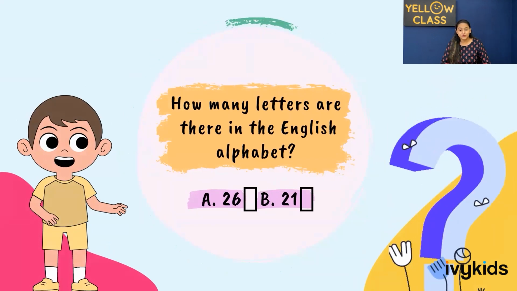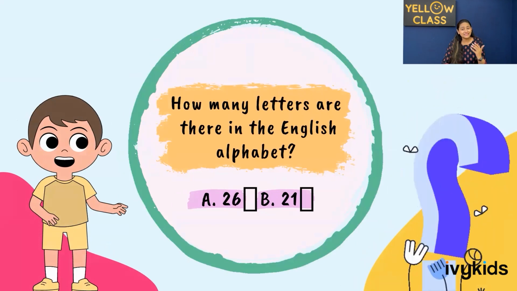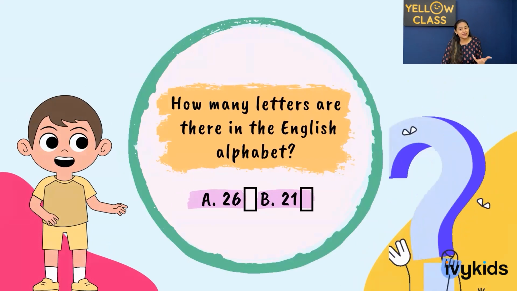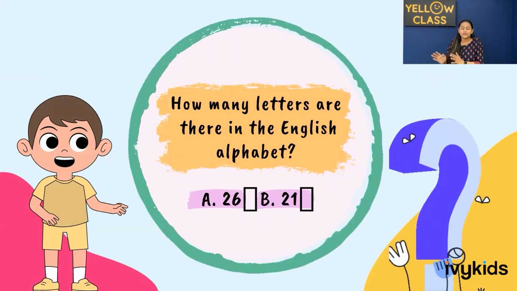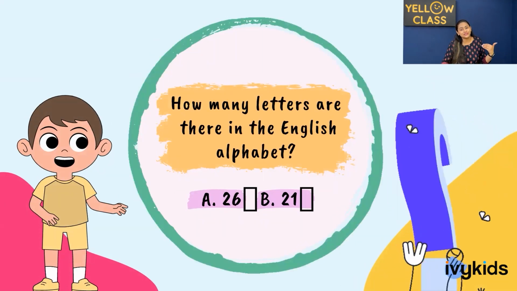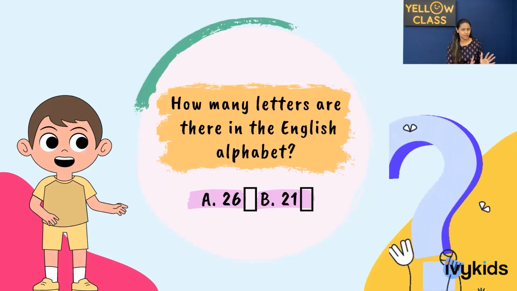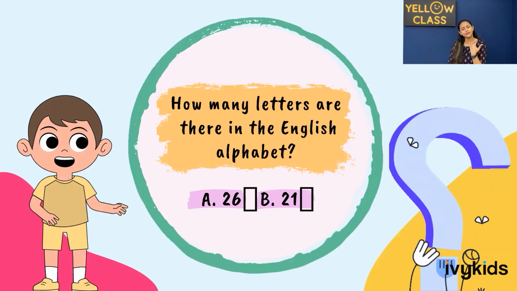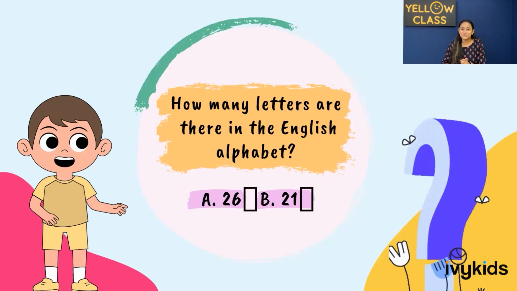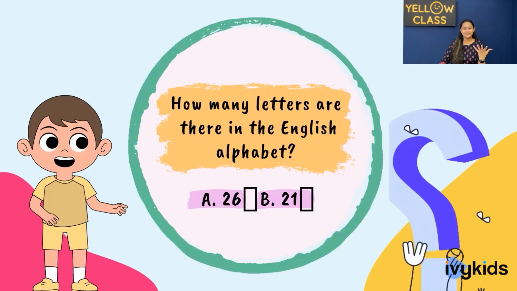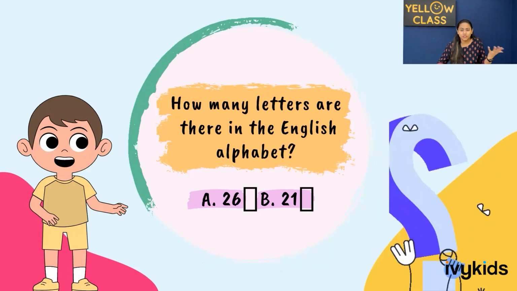The question says, how many letters are there in the English alphabet? The first option says there are 26 letters, and the second option says there are 21 letters. With the phonic sounds, we need to know how many letters there are in the English alphabet. That is very important.